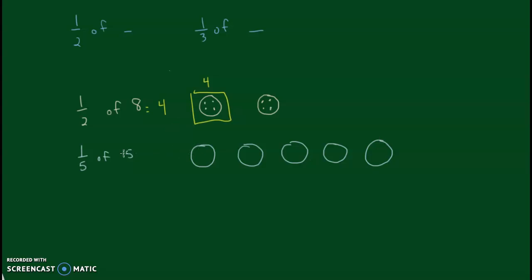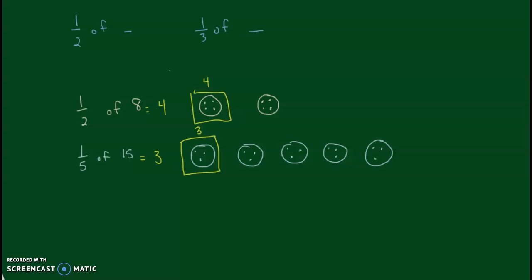And we can separate the 15 into those groups of 5, or divide 15 into the groups of 5. 1, 2, 3, 4, 5, 6, 7, 8, 9, 10, 11, 12, 13, 14, 15. And if we look at one of those sections, one of the 5 equal parts is 3. So 1/5 of 15 is the same as or is equal to 3.